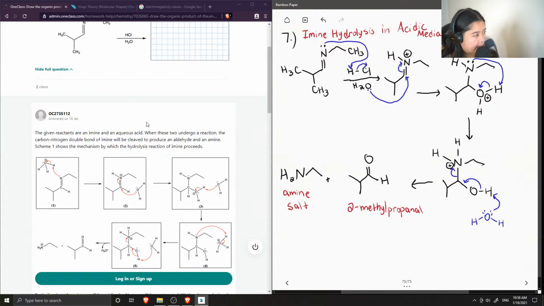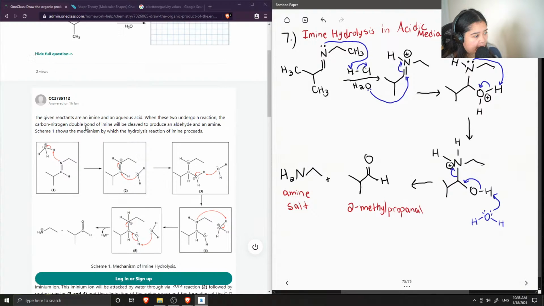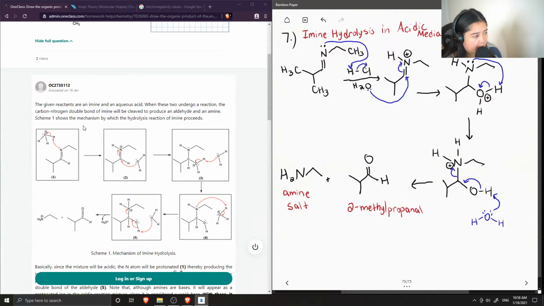The given reactants are an imine and an aqueous acid. When these two undergo reaction, the carbon-nitrogen double bond of imine will be cleaved to produce an aldehyde and an amine. Scheme 1 shows the mechanism by which the hydrolysis reaction proceeds.